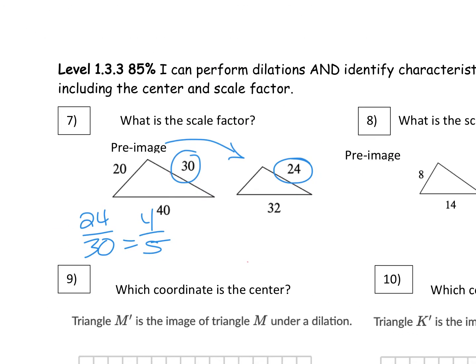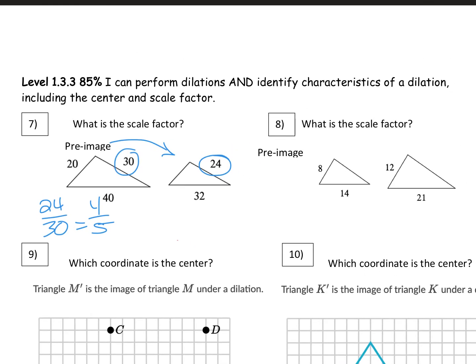Okay, number 8 is basically the same question. It's just going in a different direction. This time, the pre-image versus the image, is it an enlargement or is it another shrinkage? It's enlargement this time, right? So you are going to put the larger number on the top. I'm just going to use those two, but you could have used 21 and 14.